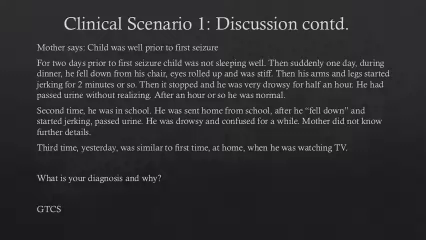The second seizure happened when he was at school. The child was sent home from school after he fell down and started jerking and passed urine. He was drowsy and confused for a while, but mother did not know further details as she was not present when the event occurred.